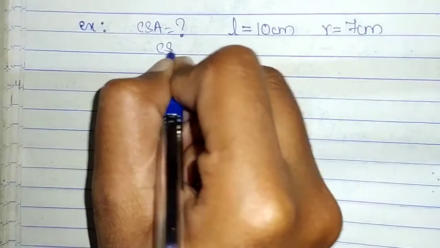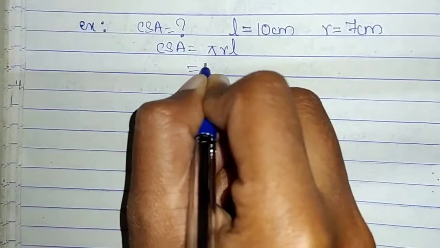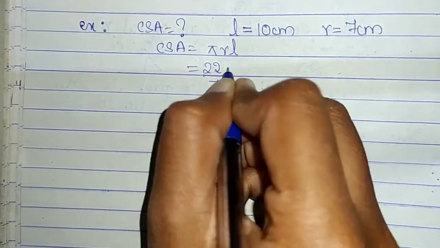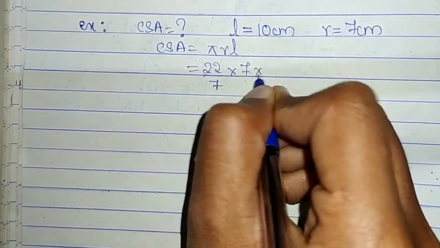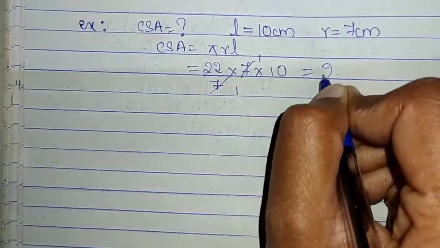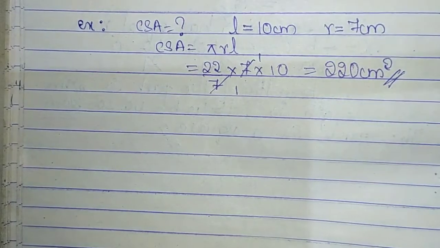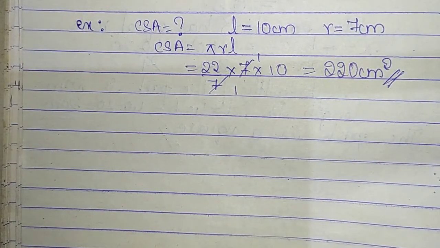So we know that CSA is equal to pi r l, which is equal to 22 by 7 into radius 7 into 10. 7 ones are 7, we get 22 tens are 220 centimeter square. So 220 centimeter square is the CSA or curved surface area of the given cone.